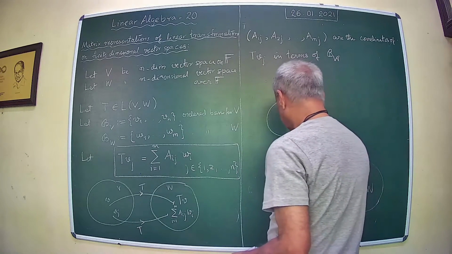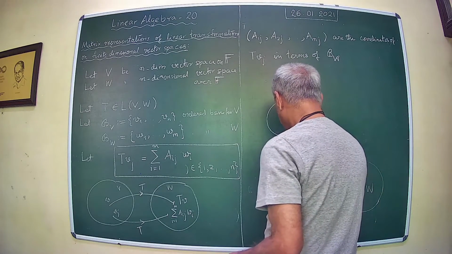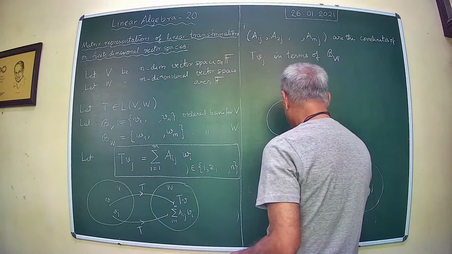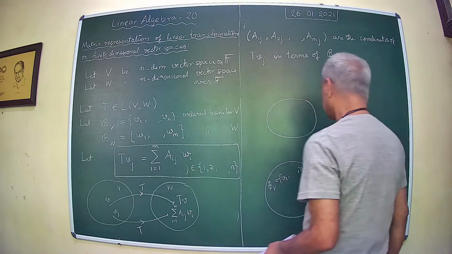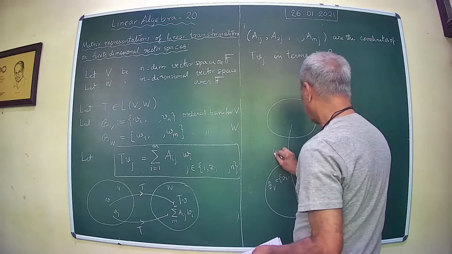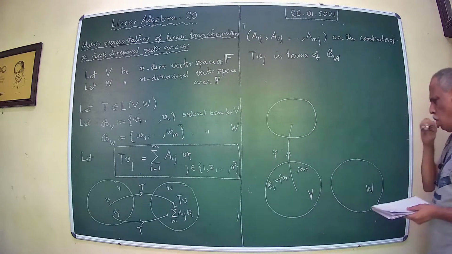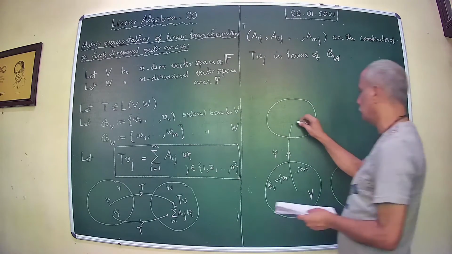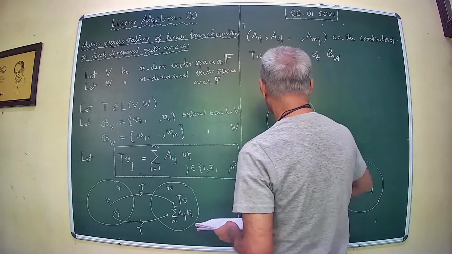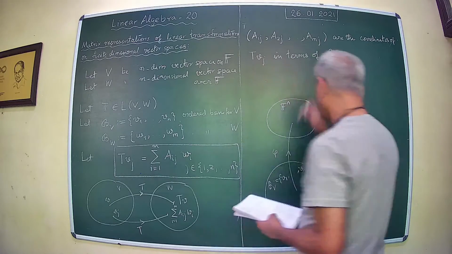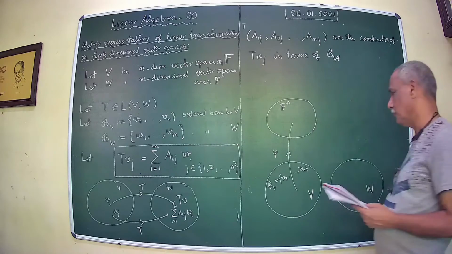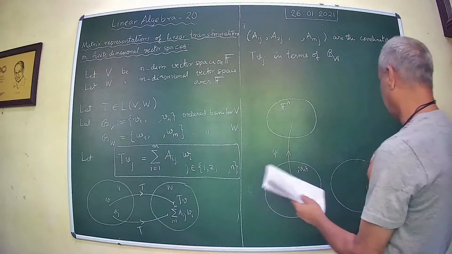Once we choose BV, then there is an isomorphism phi defined from V to Fn. So this is one representation for V. Now it's an isomorphic image of V under phi. So phi is well defined.